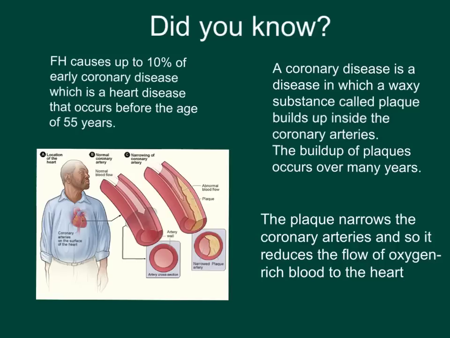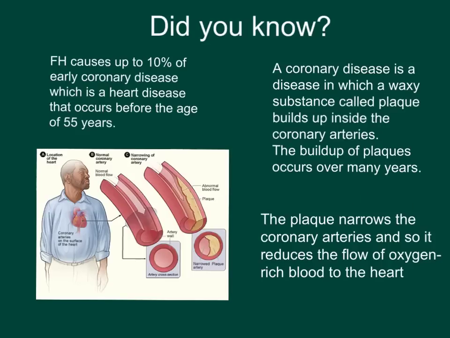Did you know that FH causes up to 10% of early coronary disease, which is the heart disease that occurs before the age of 50 years? A coronary disease is a disease in which a waxy substance called plaque builds up inside the coronary arteries. The buildup of plaques occurs over many years.